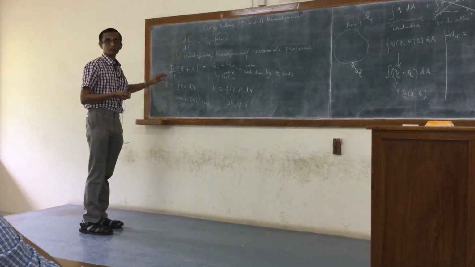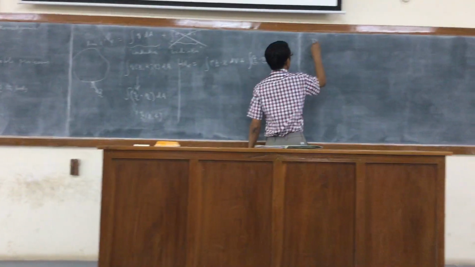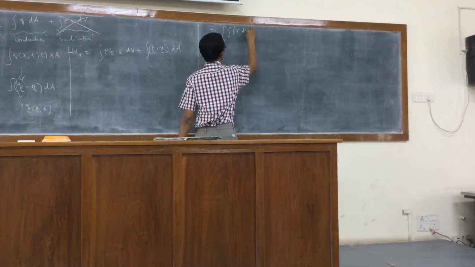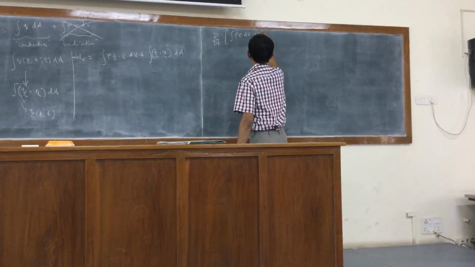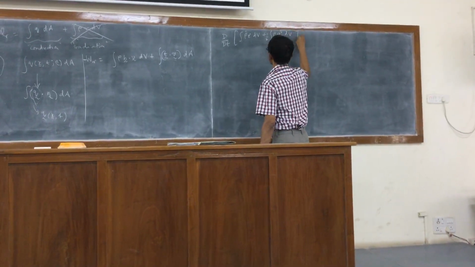Let's look now at the left-hand side. The left-hand side would be d by dt of the integral of rho epsilon dV plus the integral of half rho v squared dV.